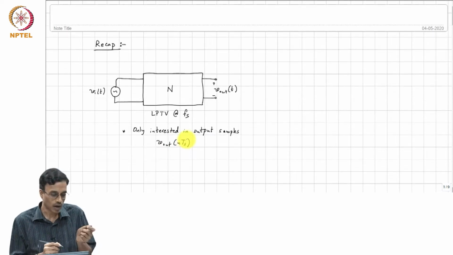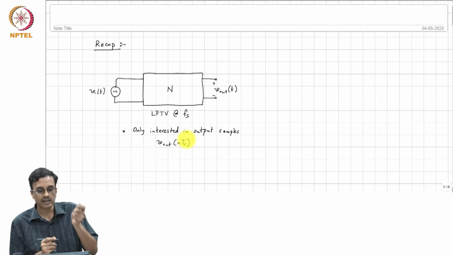The key point to note is that the sampling rate is exactly the same as the rate at which the system is varying.